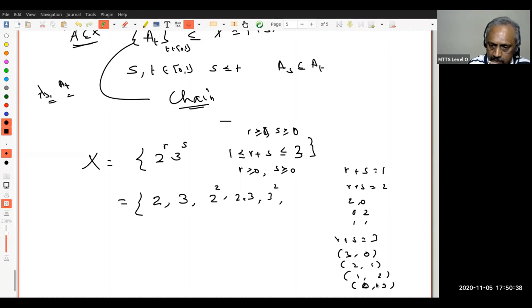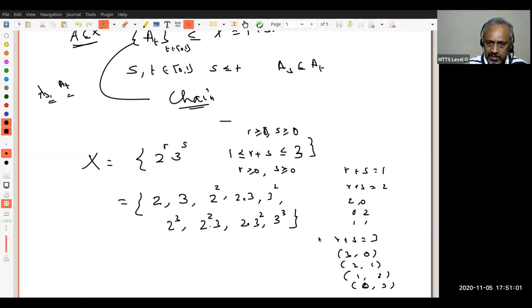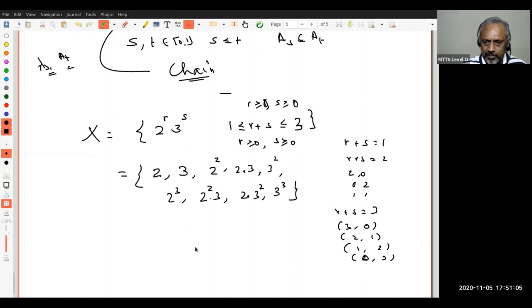I hope these are the only ones. Therefore, this is going to be 2 cubed, 2 squared times 3, 2 times 3 squared, and 3 cubed. You understand this? I hope I did not miss any element. In case I did, bear with me. You have to understand what is happening. That is more important.